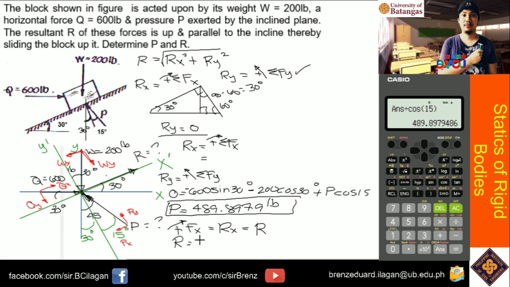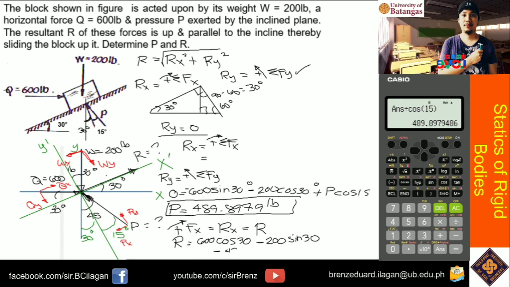So 600 cosine 30. And then what else? We have w. So ang w mo is going in this direction. So siya ay minus w na 200 and then sine 30. And last will be for the value of p.